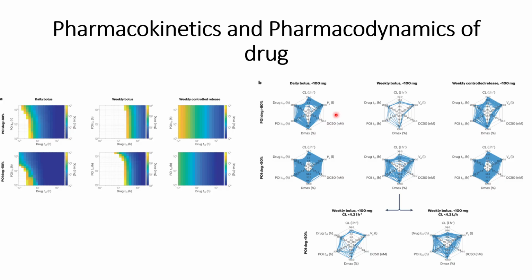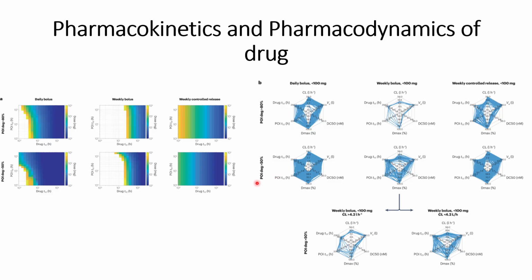I think DC50 is the amount of drug required to reach 50% of the target protein degradation. That is shown here, and this is for the daily dose. At weekly dose we can see that the amount goes down, and for the weekly controlled dose the amount is more spread out.